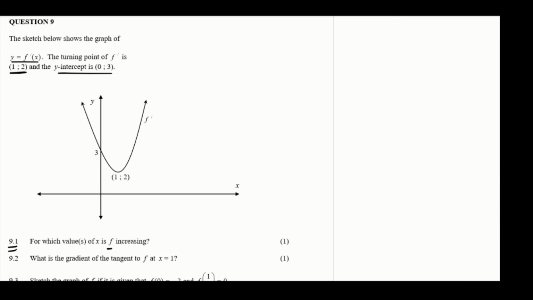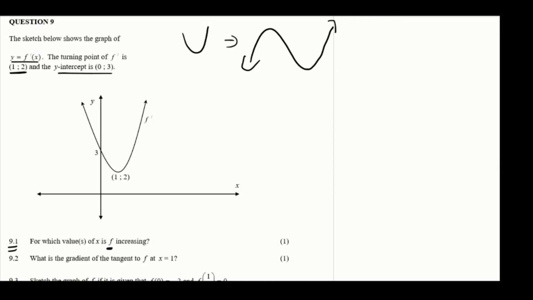They're talking of a cubic function, not necessarily this parabola. Since this parabola is a smiley face, it means that our cubic function increases, decreases, and increases, right? So we want to identify the values of x when our cubic function increases.